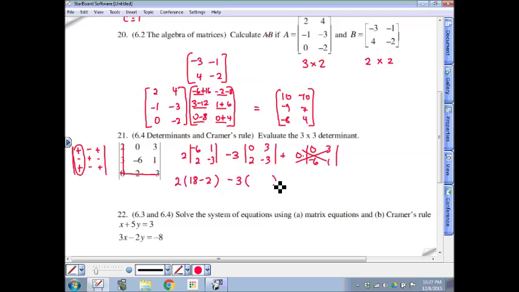And here we got minus 3, and then the determinant of this 2 by 2 matrix is going to be 0 minus 6. 2 times 16 minus 3 times negative 6. This gives us 32 plus 18, which is 50.